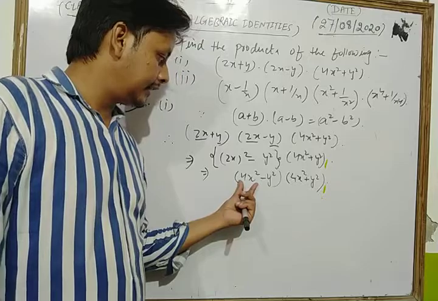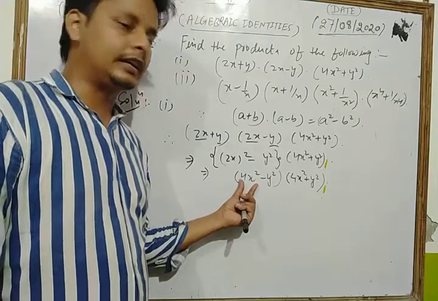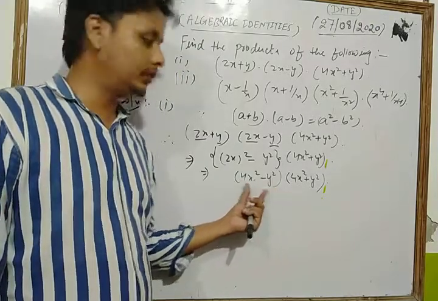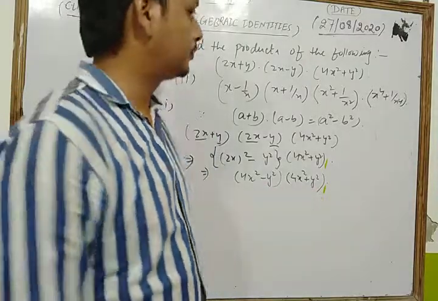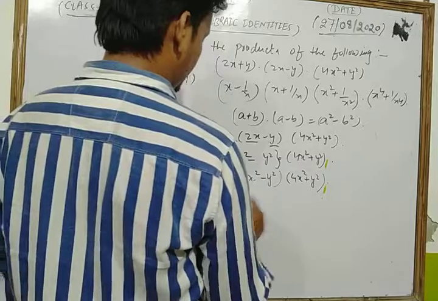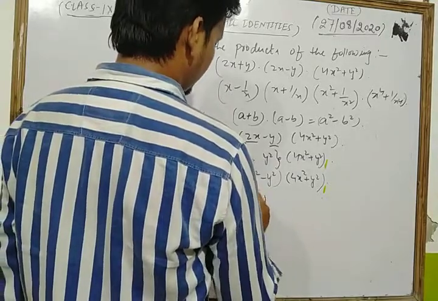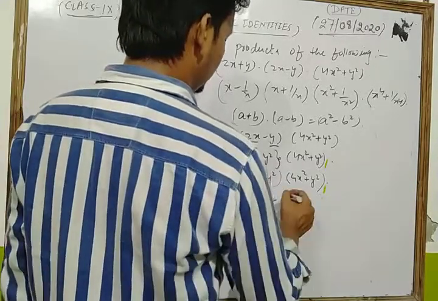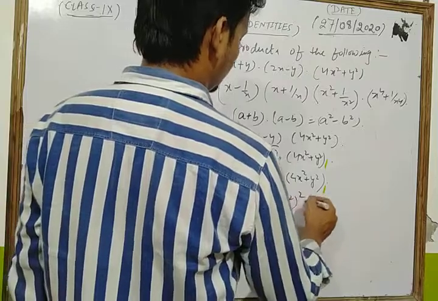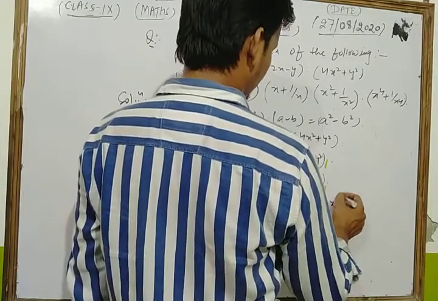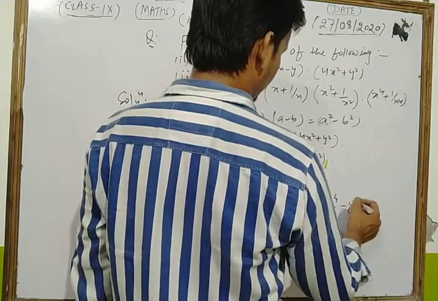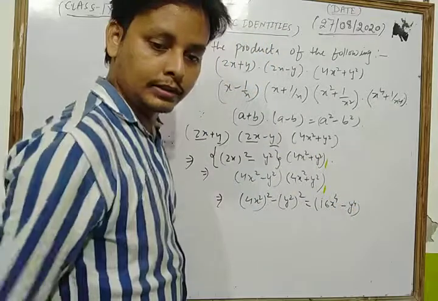Let's see, take 4x² as a and y² as b. So we have (a − b) into (a + b). Again we write a² − b², which means (4x²)² − (y²)². So we get 4 4s are 16x⁴ minus y⁴. Now let's see its solution.